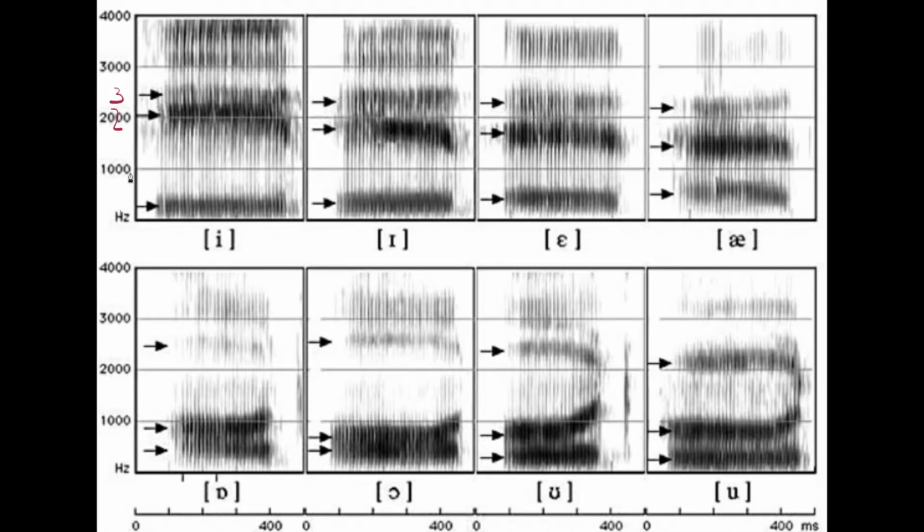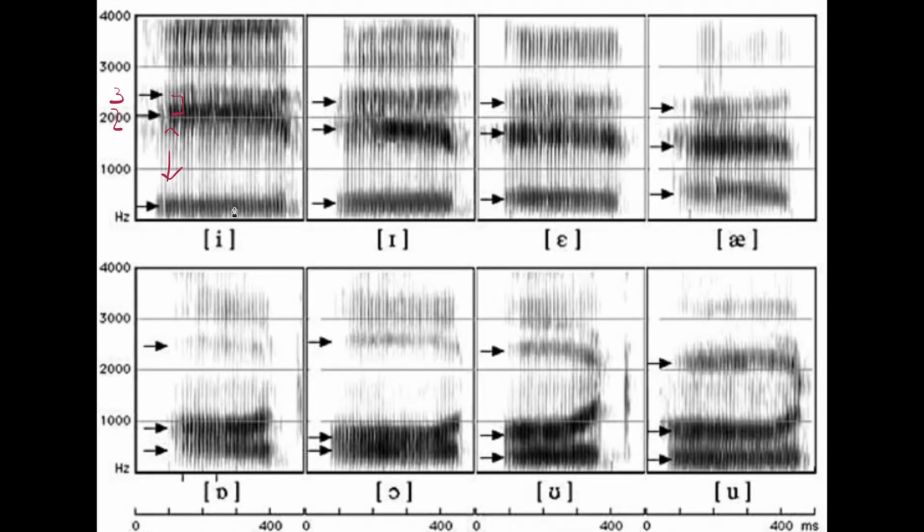You will know if it's a front vowel if formant 1 and formant 2 are wide apart, just like in this picture. Meanwhile, formant 2 and formant 3 are close together, as you can see in this picture.